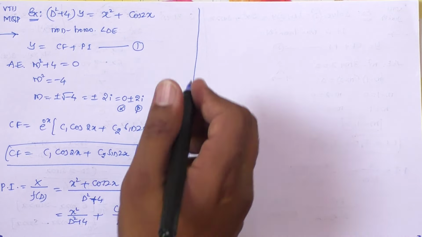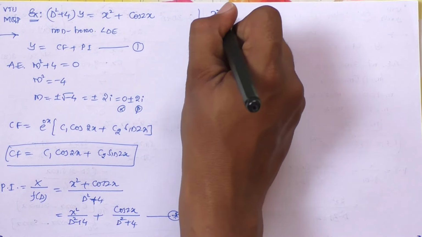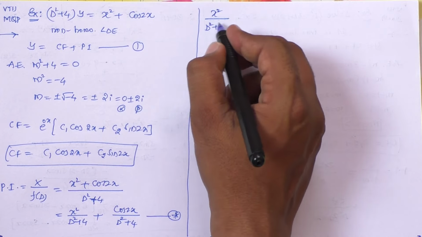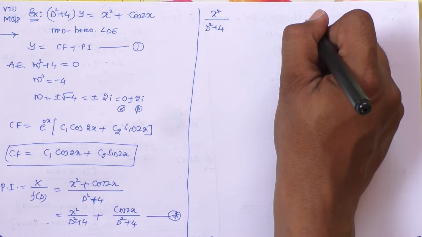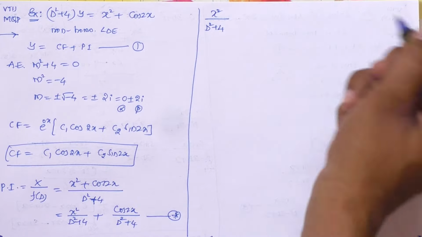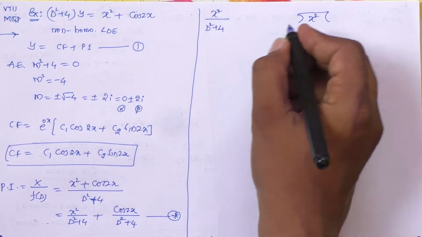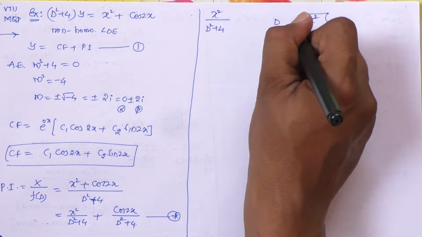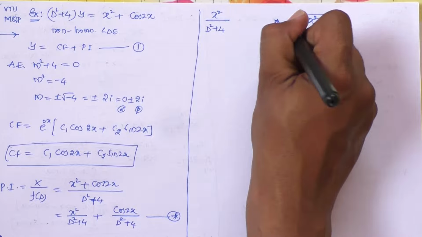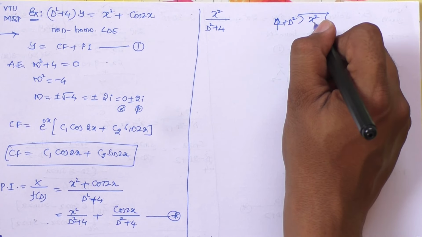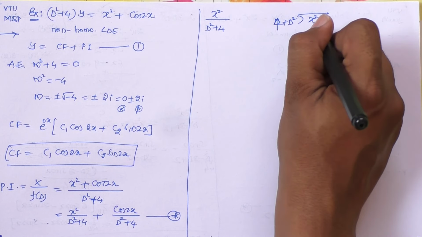x square by d square plus 4. So this is a polynomial in x, so we apply the normal division method. Inside the bracket, this term x square, and outside the divisor 4 plus d square. Now choose the quotient in the way that this should be eliminated.